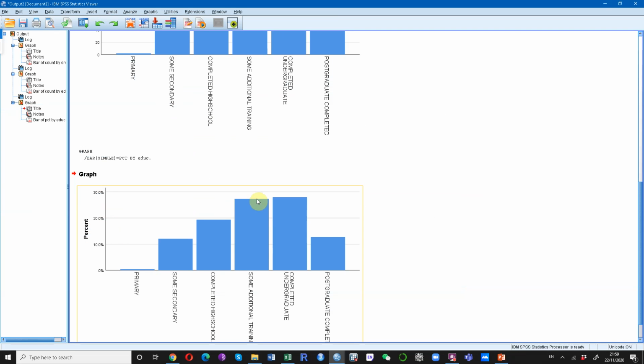Now instead of how many cases, you can see for this category what's the percentage compared to the rest of the categories. So again, completed undergraduate has the highest percentage, but it's less than 30%. It's probably 28, 27%. Then you have the percentages of the rest of the groups.